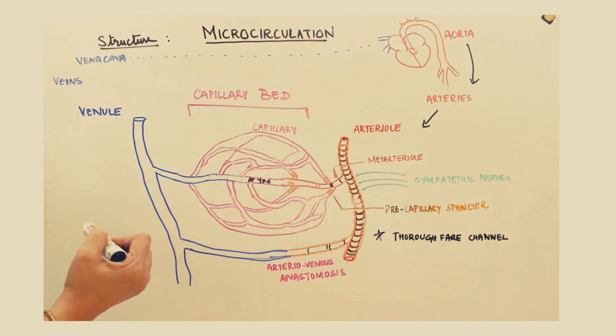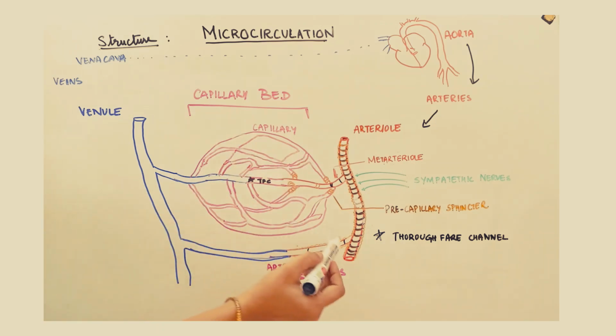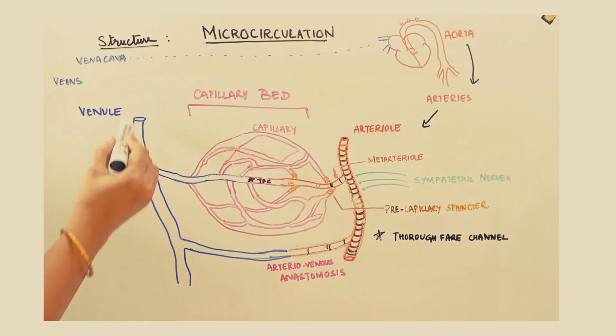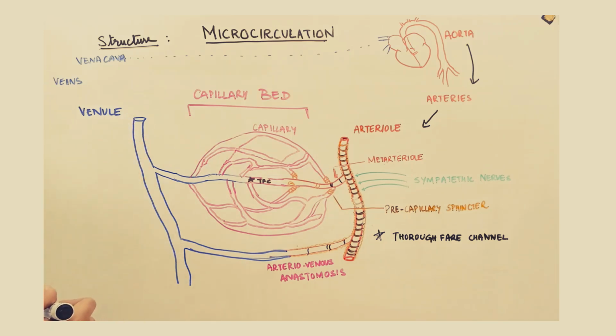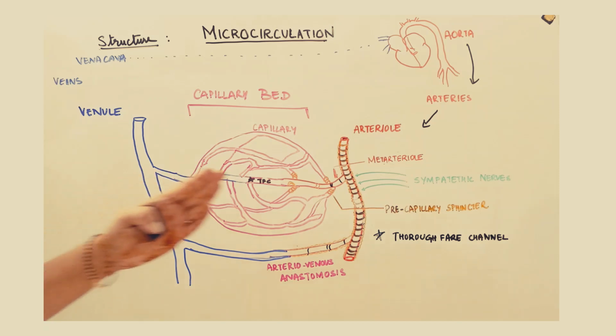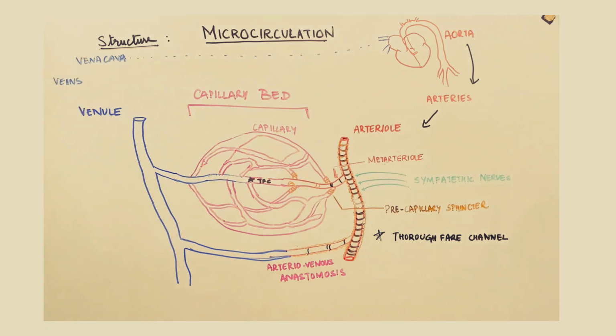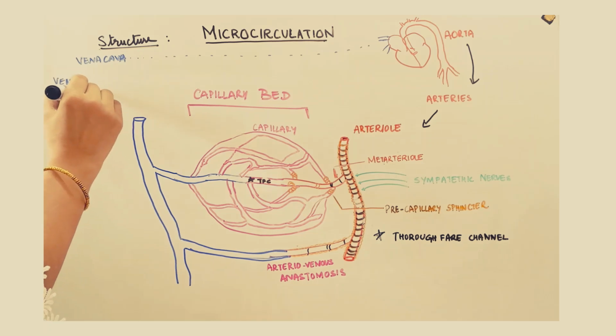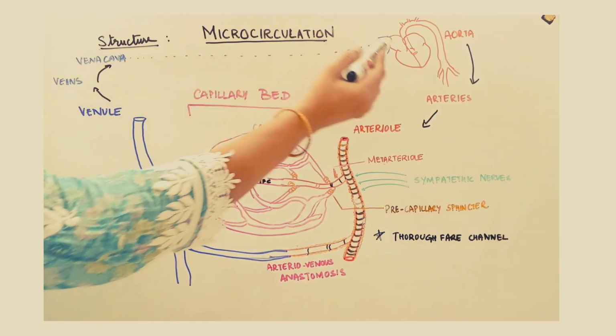Meta-arterioles also have smooth muscles but they are not continuous and lack innervation. Venules are larger than arterioles and have weaker muscle. Despite the weak muscles, they can contract and carry blood as the pressure of blood in venules is low. Venules converge to form veins and finally end in the vena cava.